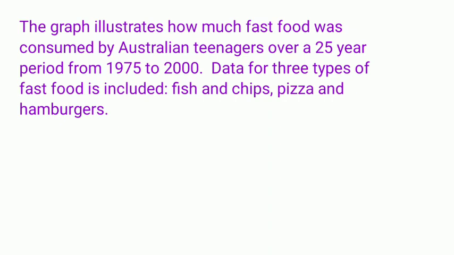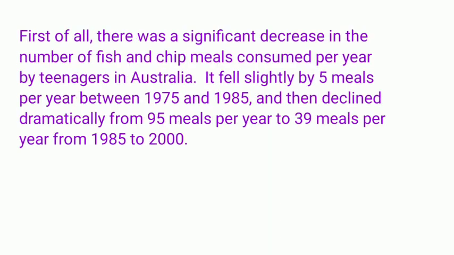Now coming to our body paragraph 1. First of all, there was a significant decrease in the number of fish and chip meals consumed per year by teenagers in Australia. It fell slightly by 5 meals per year between 1975 and 1985, and then declined dramatically from 95 meals per year to 39 meals per year from 1985 to 2000.